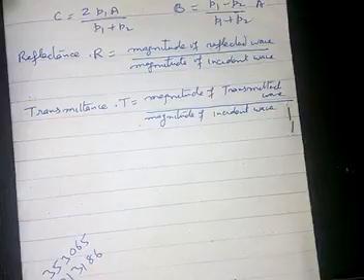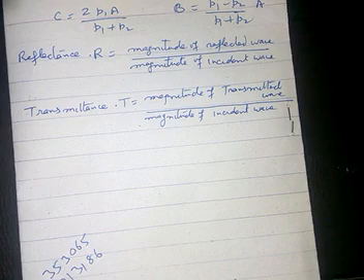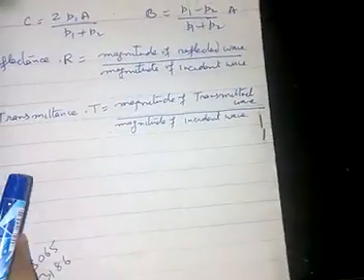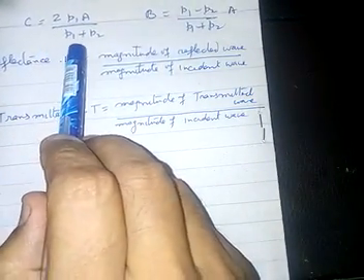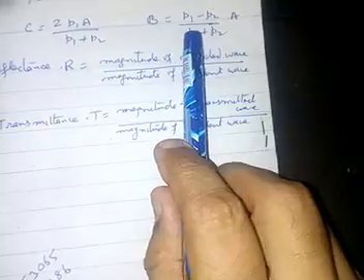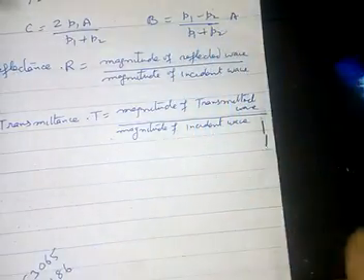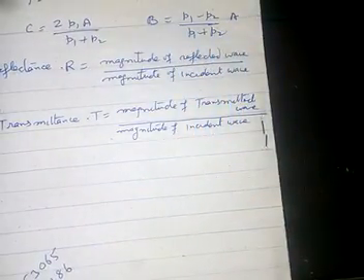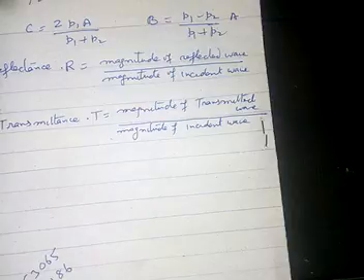So applying the boundary condition, we get p2 c equal to p1 (a minus b). Solving these two equations, we get c equal to 2 p1 a upon (p1 plus p2) and b equal to (p1 minus p2) upon (p1 plus p2) times a, where b and c represent the amplitudes of the reflected and transmitted beam respectively in terms of the amplitude of the incident wave.